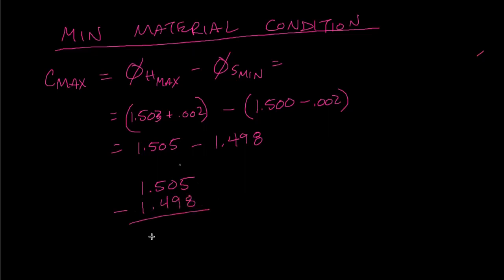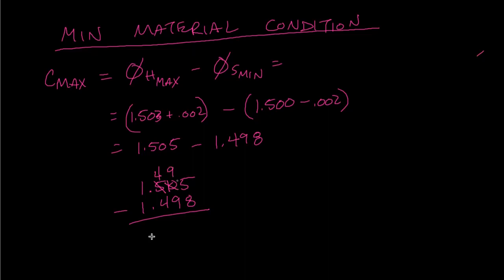Okay, so 5 minus 8, I can't really do that. I'm going to have to borrow from my next digits over. I can't borrow anything from a 0, so I'm going to have to borrow from this 5 here. So I'll just cross out that 5 and put a 4 over top and put a 1 right here. So now I got a 10 that I can borrow from. So I'll cross that out and make that a 9.